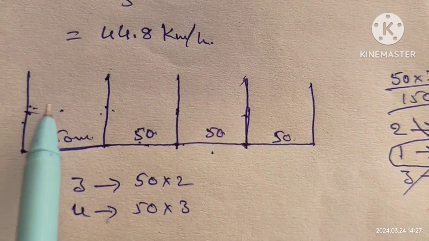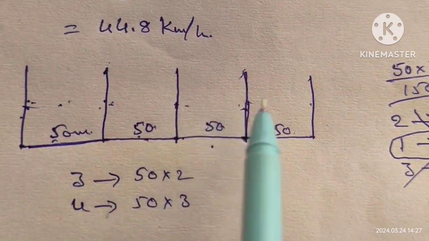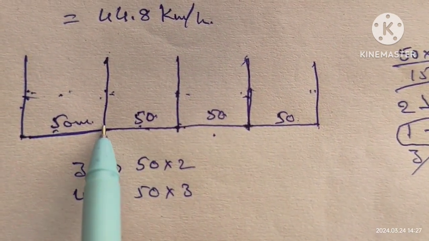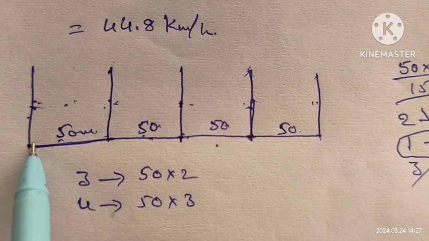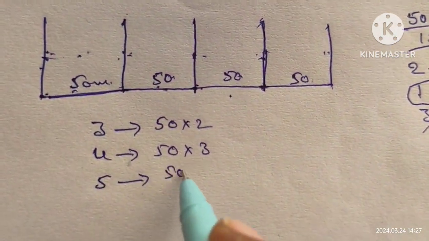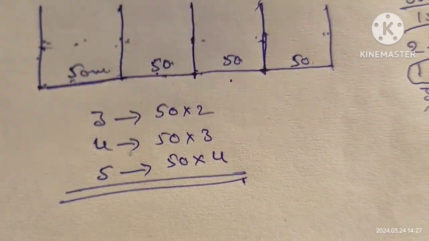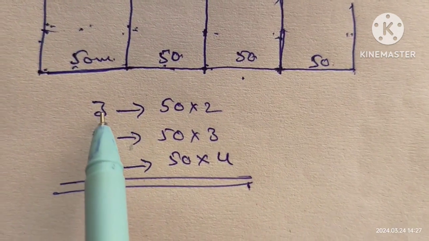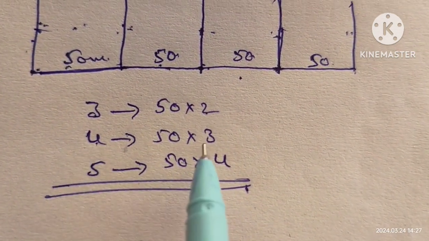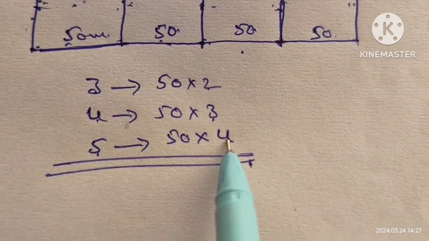If you take distance between 5 poles, 1, 2, 3, 4, 5 poles, that is 50 plus 50, 100 plus 50, 150 plus 50, 200. So if you take 5 poles, it is 50 into 4 only. You can notice the logic. If there are 3 poles, we are multiplying with 2. If there are 4 poles, we are multiplying with 3. If there are 5 poles, we are multiplying with 4.